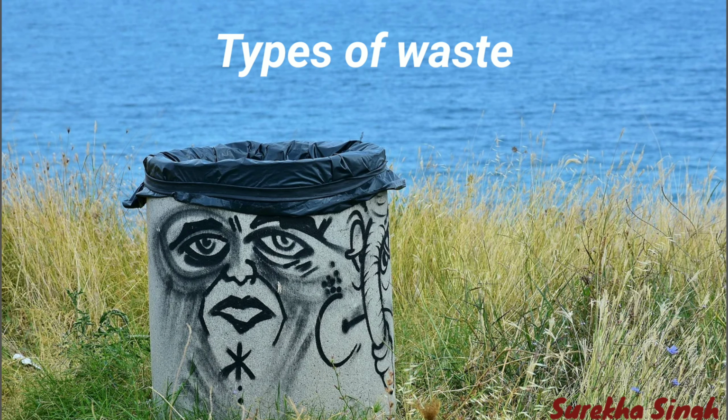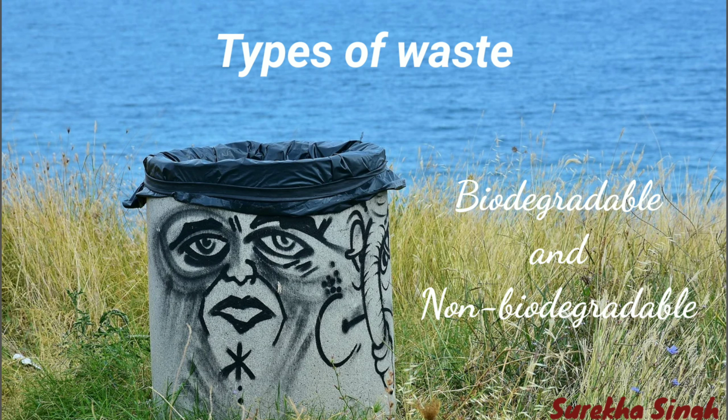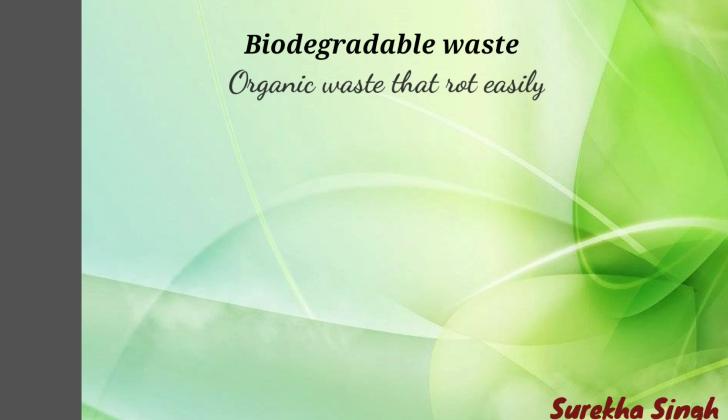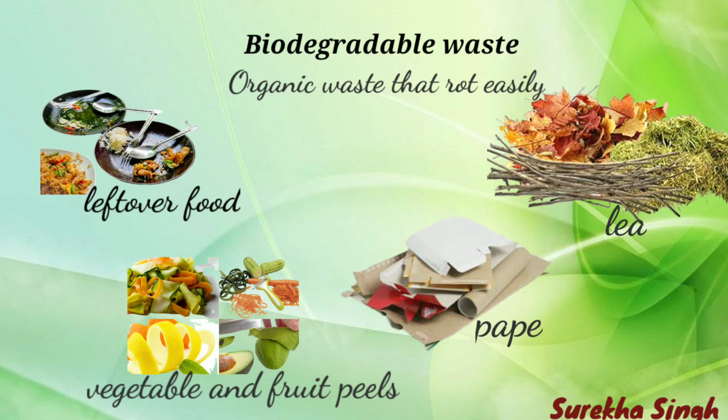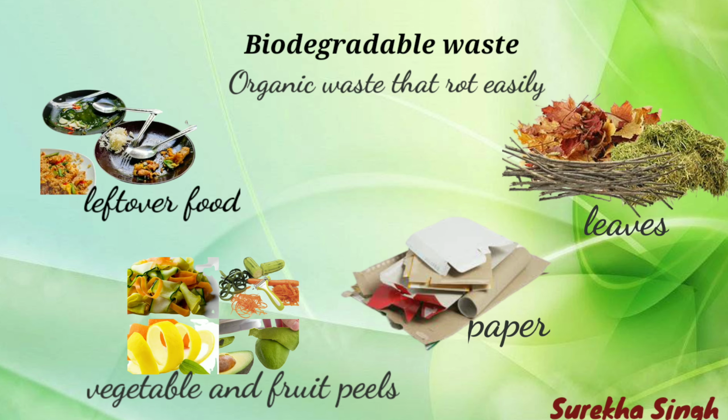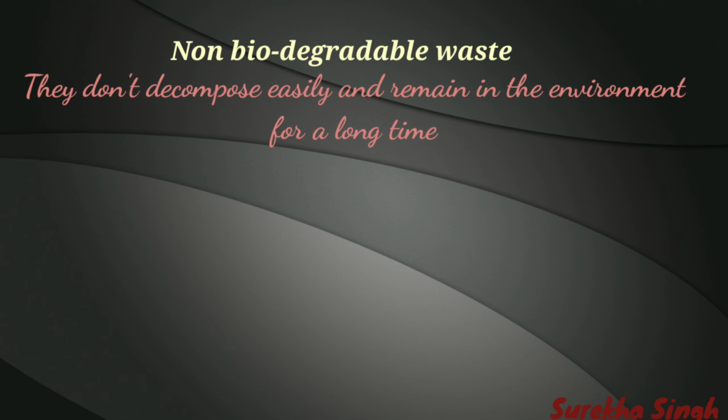Types of waste. The two main types of waste materials are biodegradable and non-biodegradable waste. Biodegradable waste. Leftover food, fruit and vegetable peels, paper and leaves, all are biodegradable waste. Biodegradable waste materials rot easily and mix with the soil. Non-biodegradable waste.